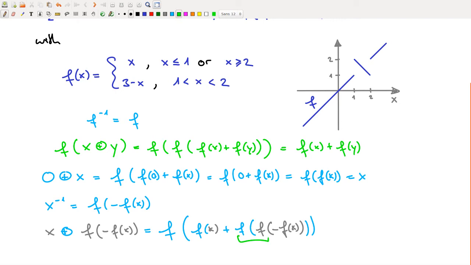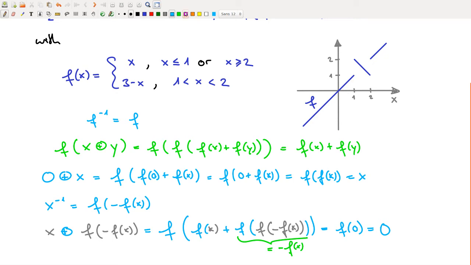Now these two outer f's here cancel again. So this is just minus f of x. And now we have a 0 inside this last f, and f of 0 is just 0. So we have the inverses.